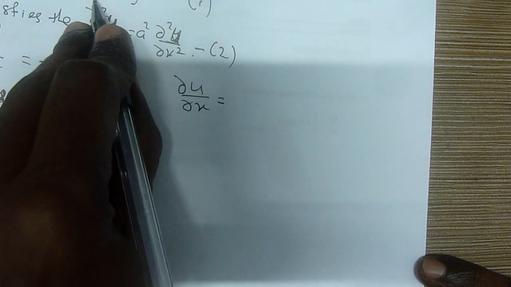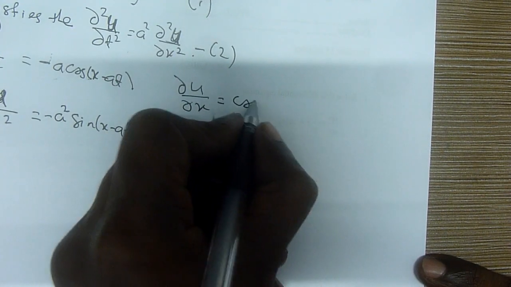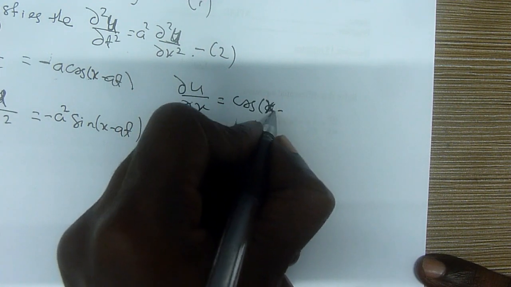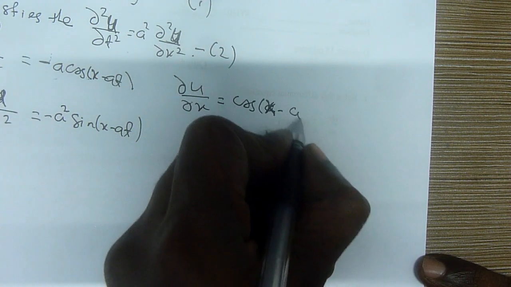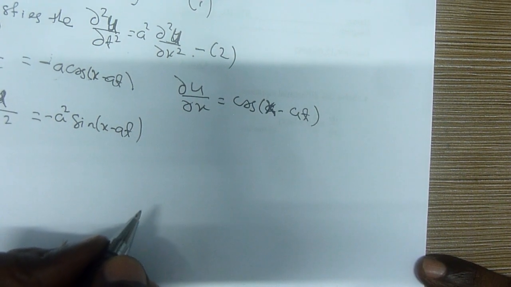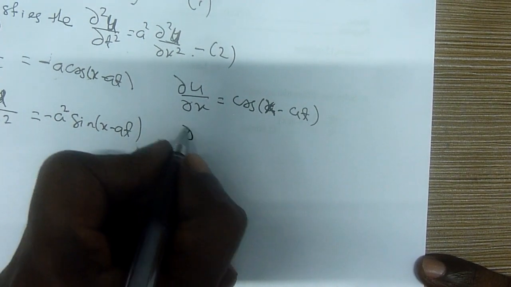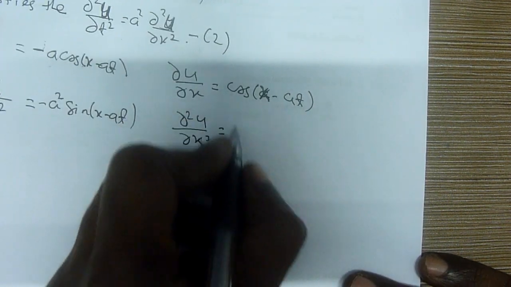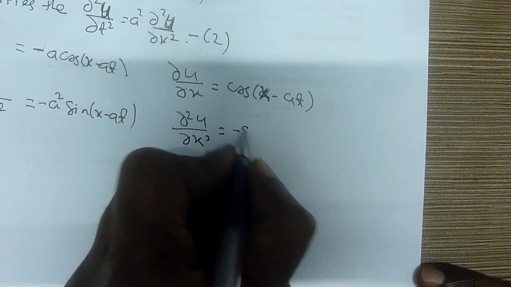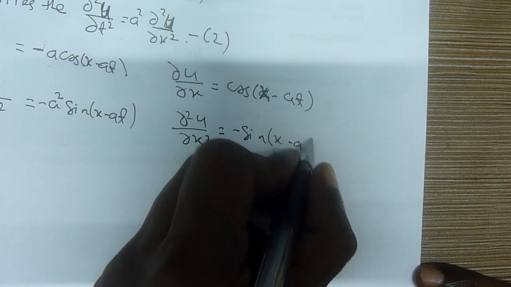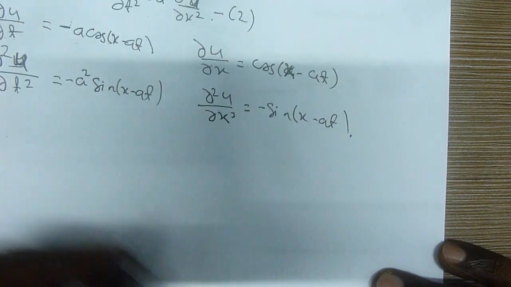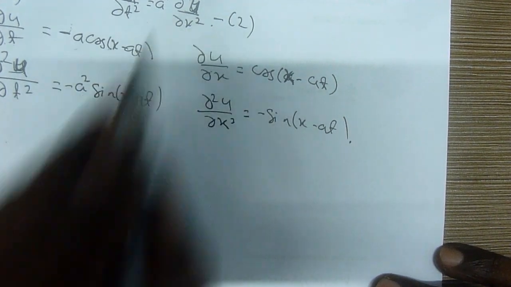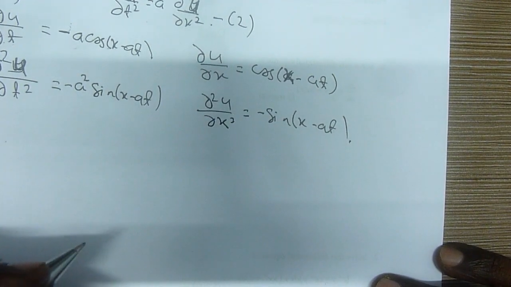Then the next one, del squared u del x squared, becomes again negative sine x at. Substitute this and this here, and see whether I am getting the same results.